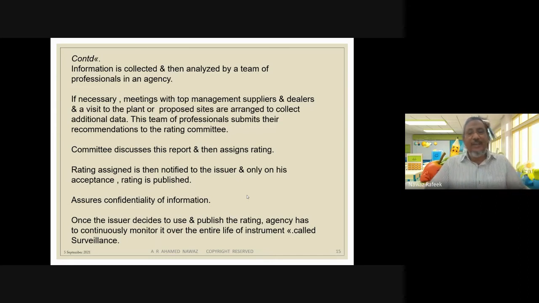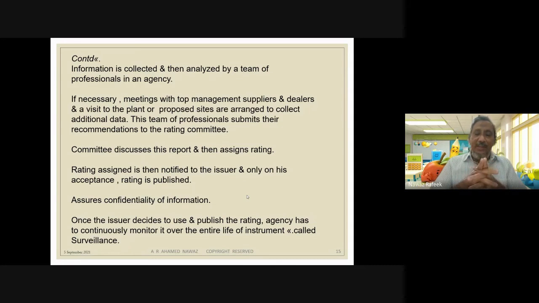When these ratings are given to the relevant company, first they go through them. After accepting, only then are the ratings published. The agency assures confidentiality of information. A rating agency always keeps confidentiality of the information, the source of information, as well as the collection.